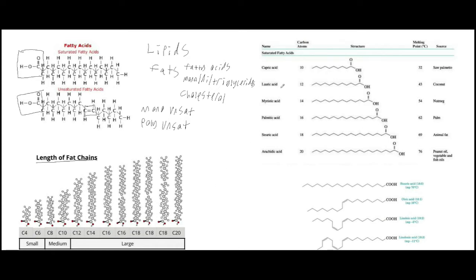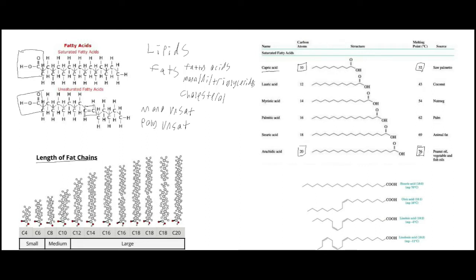For instance, up here with capric acid, and each one of these has its own name, capric acid is the version with 10 carbons in it. We see that its melting point is 32 degrees Celsius. And then we move up to 12, 14, 16, 18, and 20 carbons in our hydrocarbon chain, and we see that the melting point is now 76 Celsius, which for my fellow Americans who use Fahrenheit rather than Celsius would be quite hot.